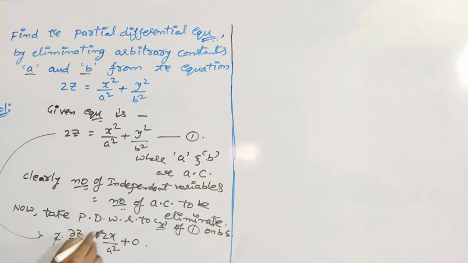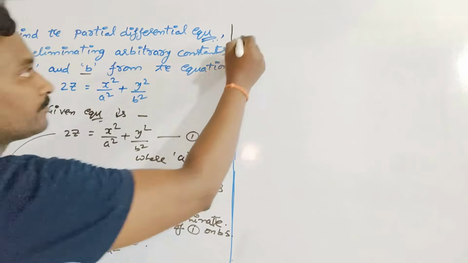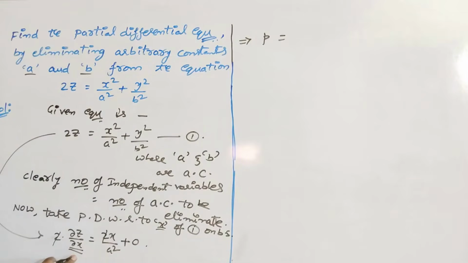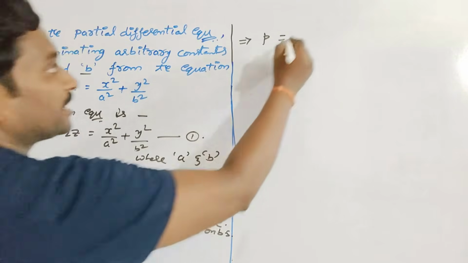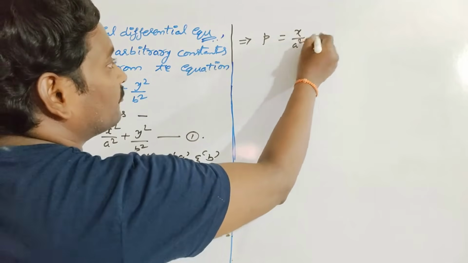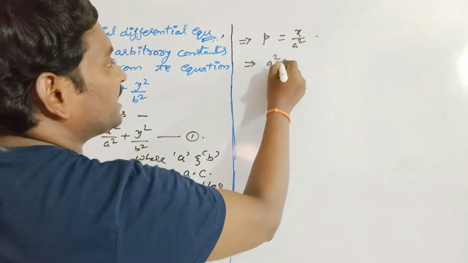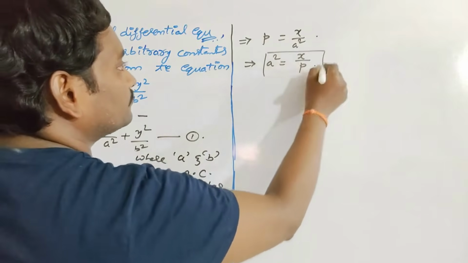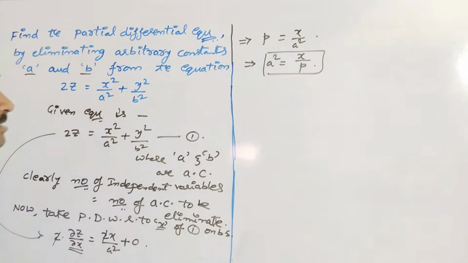So the 2 gets cancelled. Already in the previous video I explained what is ∂z/∂x. Throughout this chapter, whenever we have ∂z/∂x, I will replace it by small p. So p = x/a². From this, find out the value of a². You will get a² = x/p, by cross multiplication.